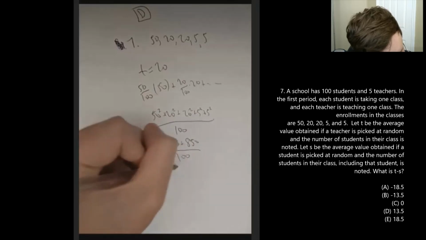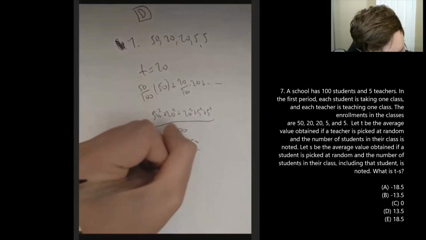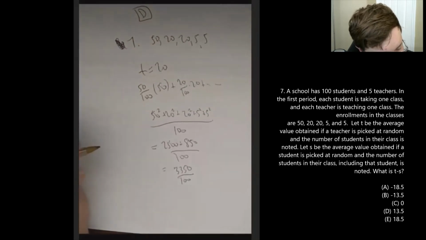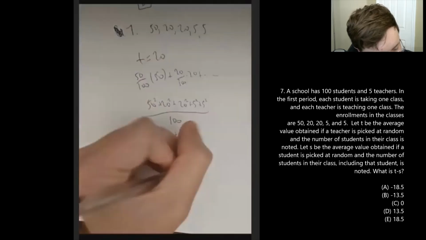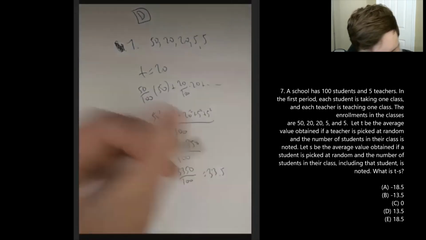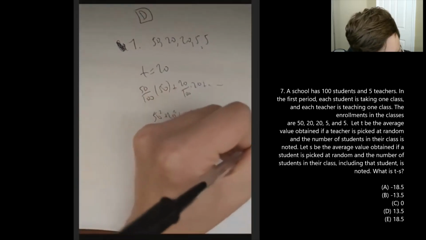Okay, so I get 30. Okay, I need to be careful. 3350 over 100. That seems about right. 33.5. So then T minus S is negative 13.5.